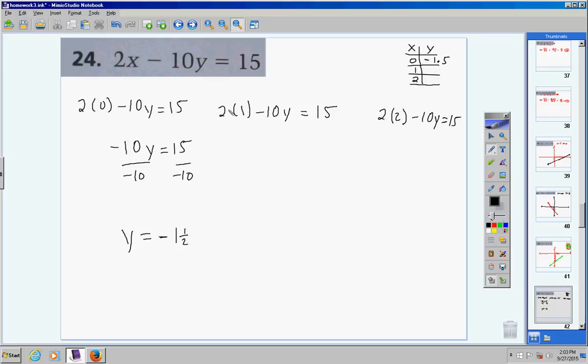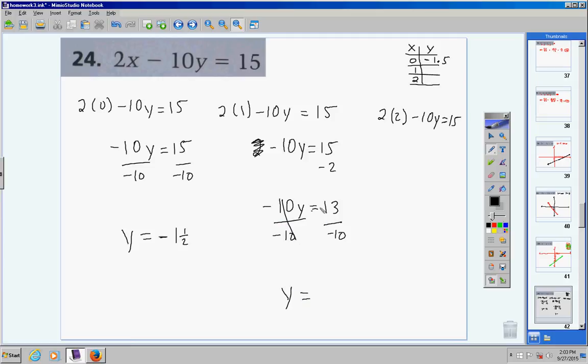Now I substituted 1 in for x. So 2 times 1 is 2. Negative 10y equals 15. Bring the 2 over and make it a negative 2. So now I'm left with negative 10y equals 13. Now divide both sides by negative 10. These cancel.